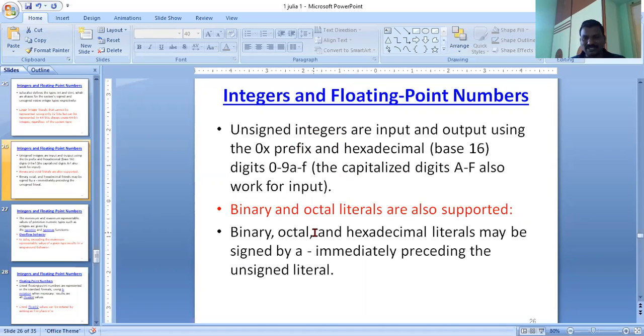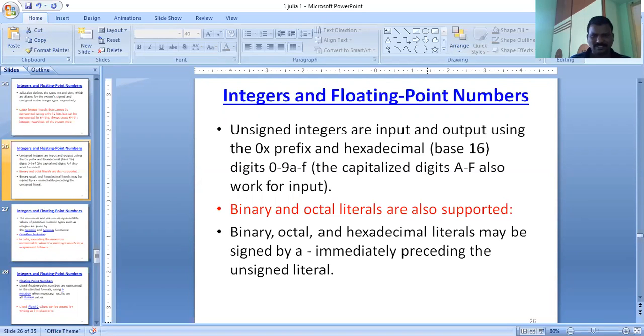Here the binary and octal literals are also supported. In this case you will take the binary and octal literals, for example 1011. If I take a binary number, how can you represent the binary number in this case?